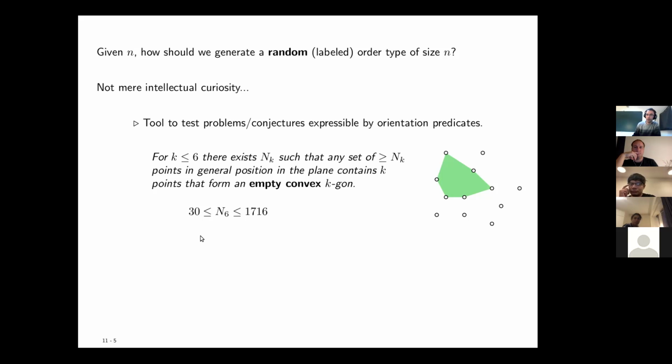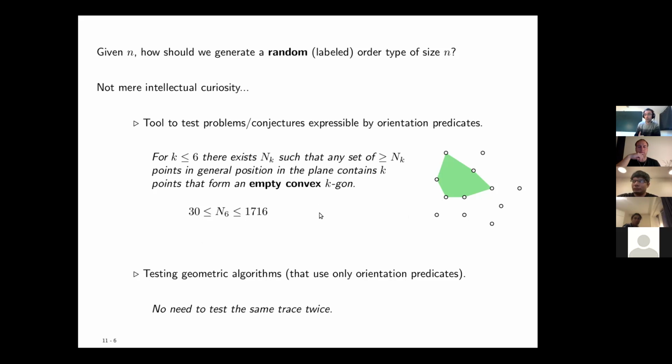Okay, and so if you want to go fishing for lower bound constructions, it's reasonable to sample point sets. But in fact, the fact that points form an empty hexagon only depends on the order type. So you don't want to keep sampling the same order type again and again by sampling your point sets, right?